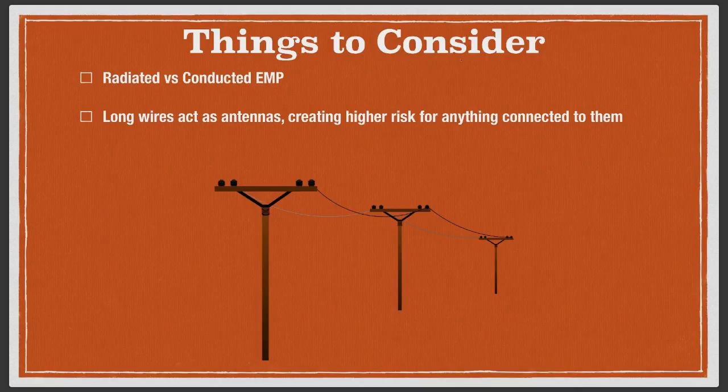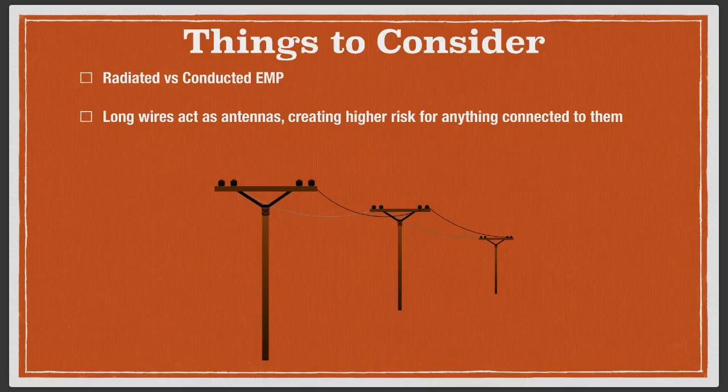On the opposite side of the spectrum, a power company may have thousands of miles of electrical wire strung out all over creation, and that can act as a massive antenna. In other words, anything that is connected to the power grid will probably be affected and will be much harder to protect. And this can include a grid tie system.